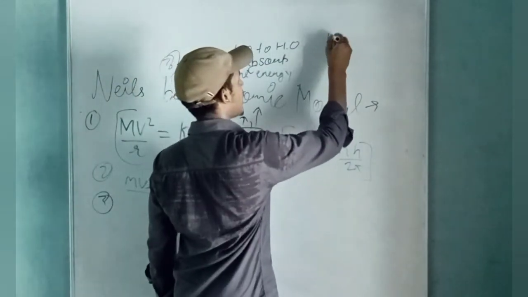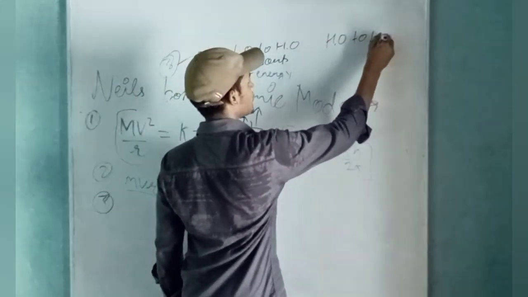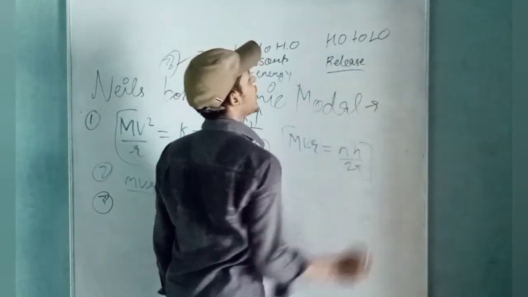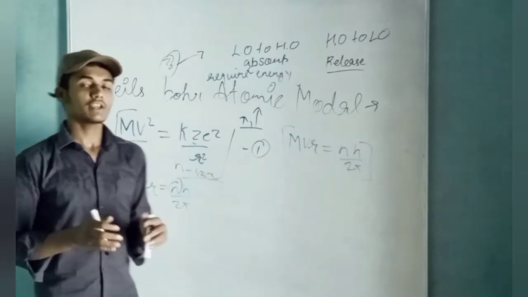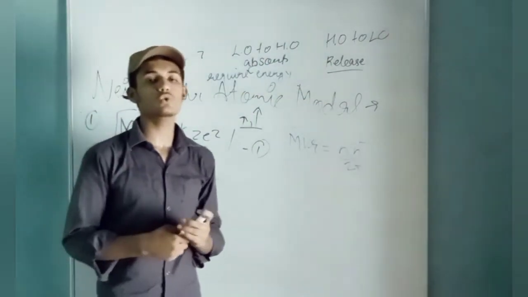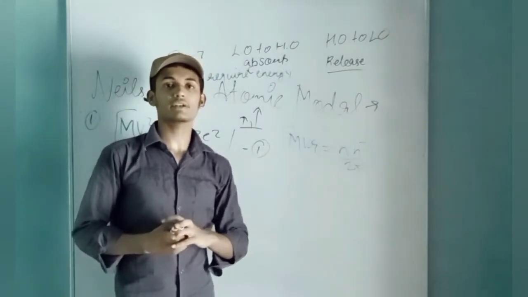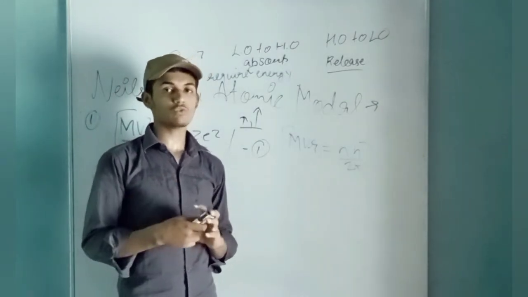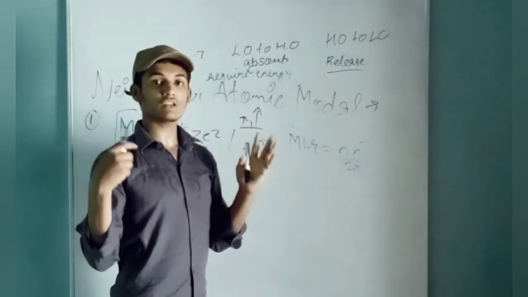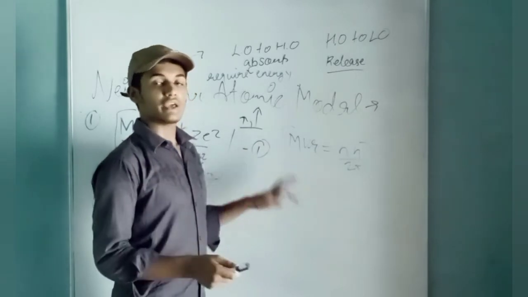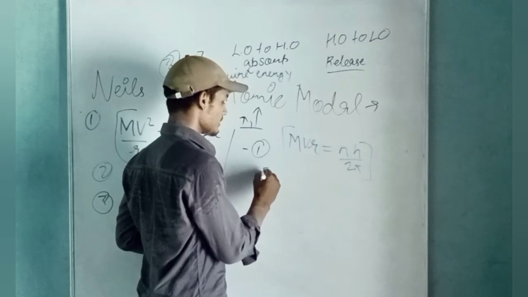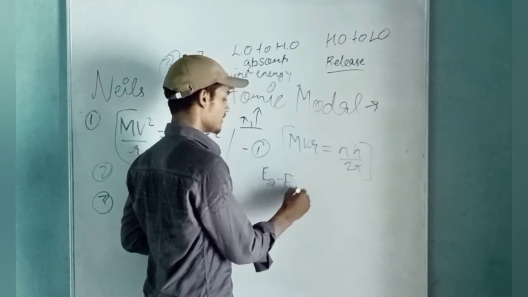When it goes from a higher to a lower orbit, it releases energy in the form of a photon. The released or absorbed energy is equal to the energy difference of the orbits: h nu is equal to E2 minus E1.